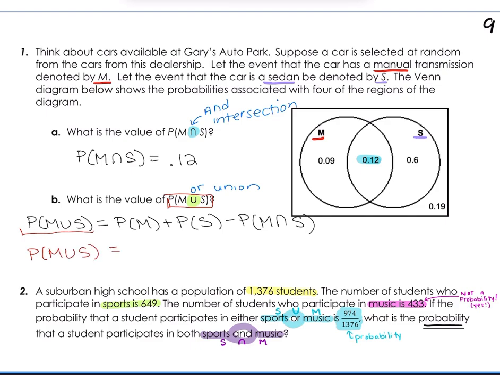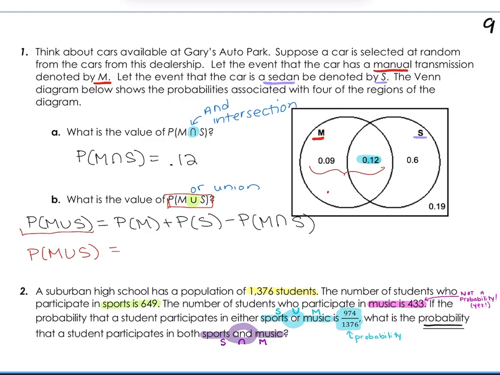Right now we are looking for the union, and now we can just plug in what we know. The probability of manual, and we need to be careful here, because the probability of manual is not just 0.09, it's 0.09 plus 0.12. I want you guys to think about that. The manual is everything in that manual circle.